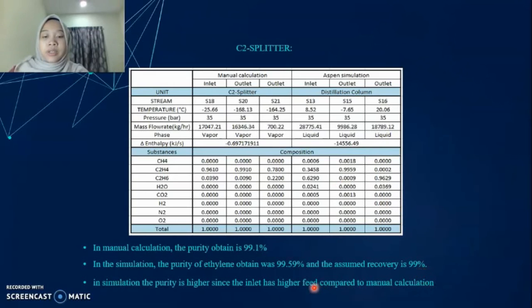There is some increment in this purity because the feed of the C2 splitter in the Aspen simulation is higher than in the manual calculation. Therefore, it increases the purity of the C2 splitter and the ethylene.